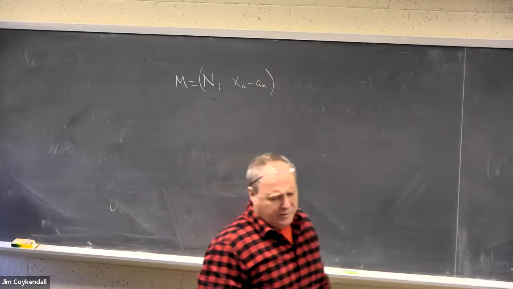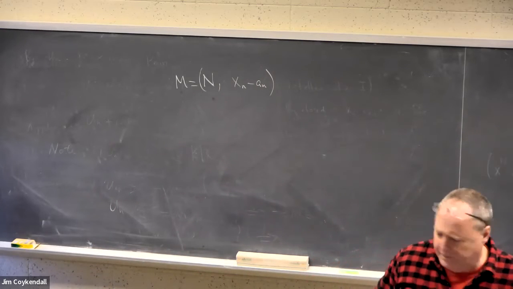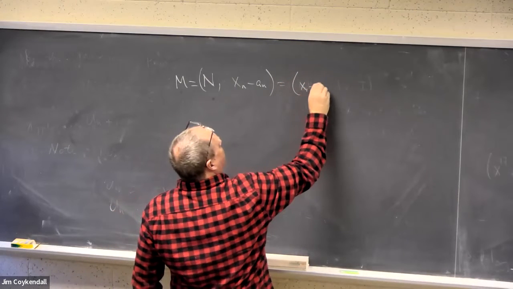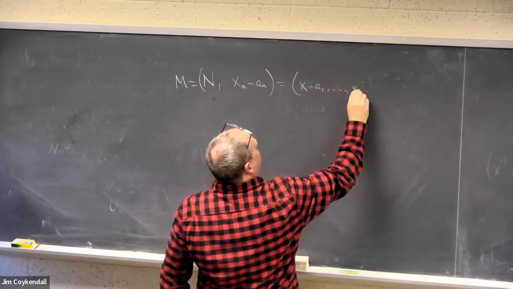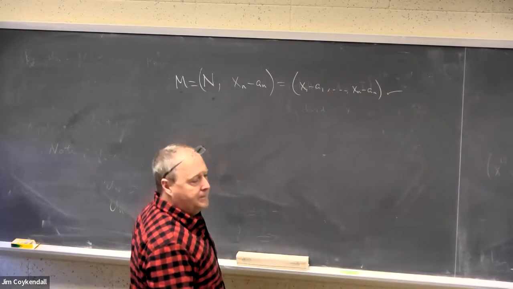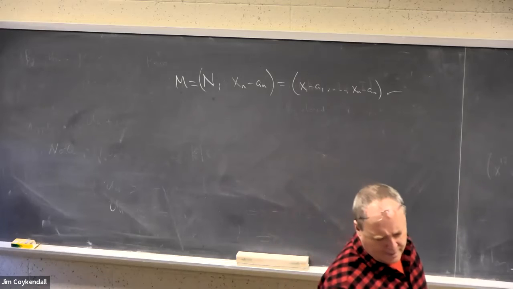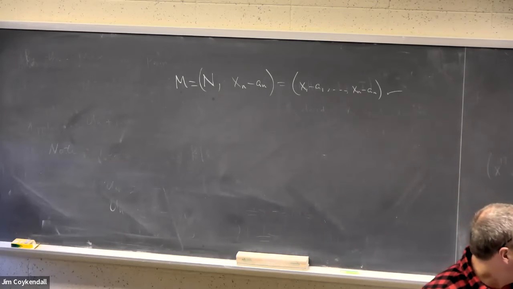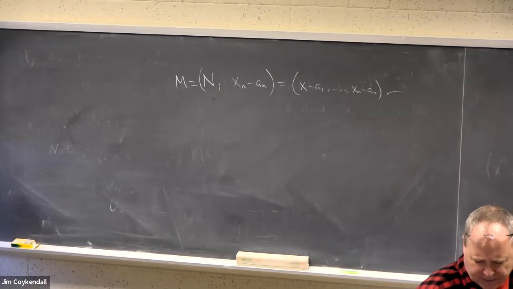And in fact, since it's algebraically closed, it will be of that form. And so this is X1 minus A1, ..., Xn minus An. So we're done with that. So there we use all the tools here. Now we're going to do this thing about the radicals.